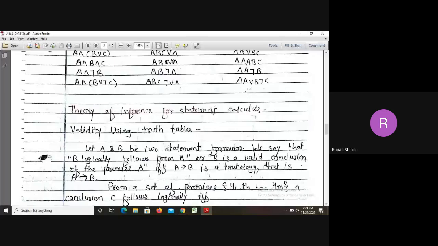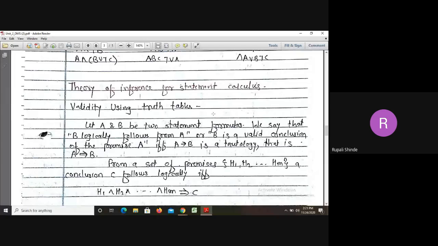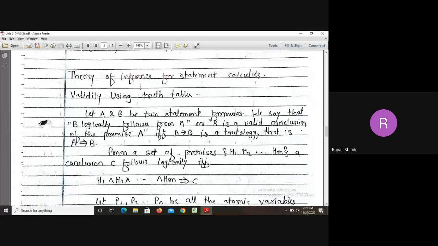Now we will focus on a new point, that is the last point from this chapter, and that is theory of inference for statement calculus. The point given is validity using truth table. Here they have given how to check whether a given conclusion is valid for given premises or not.